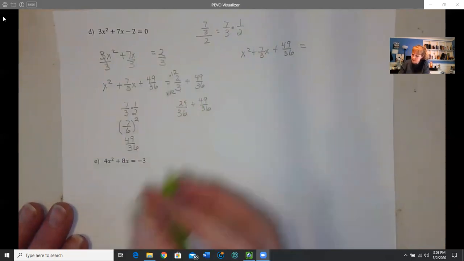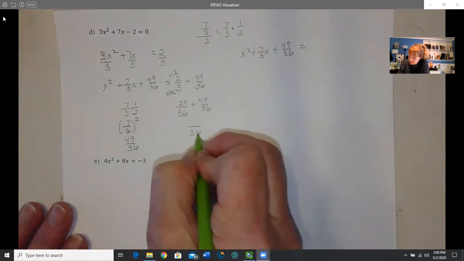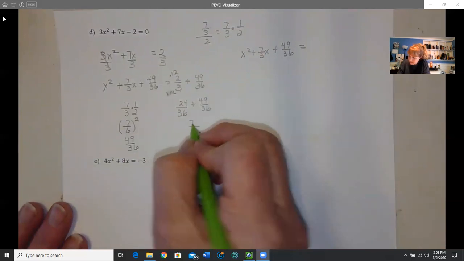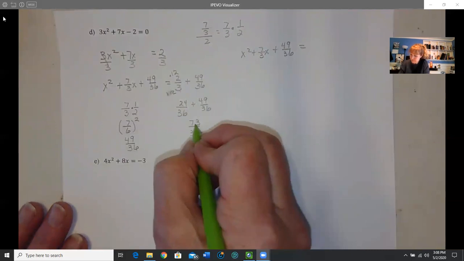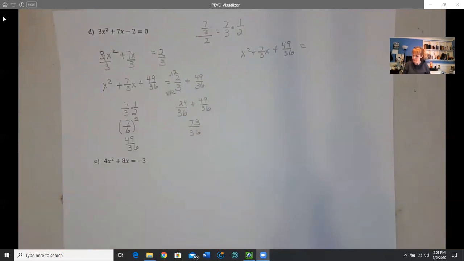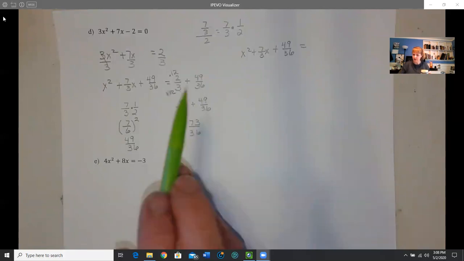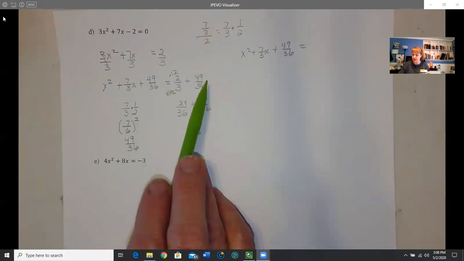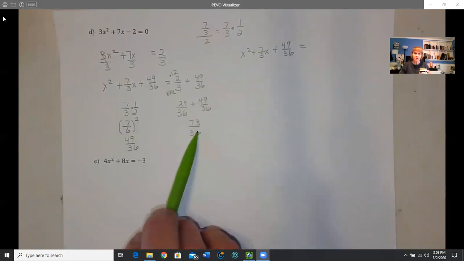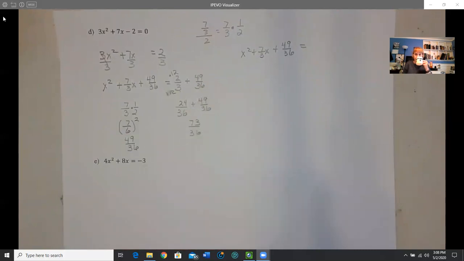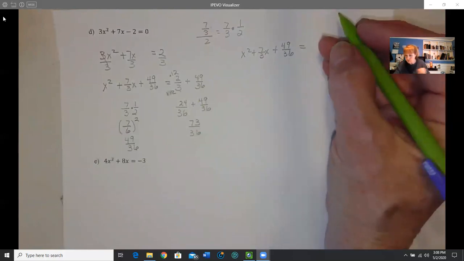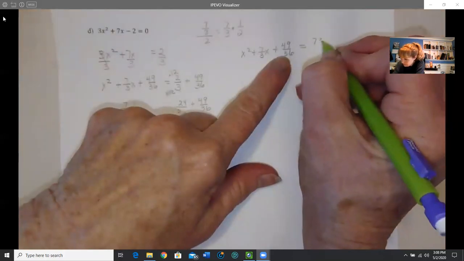And comes out to be 73. Make sure I double check on my math. Yeah, 73. So again, you have calculators, take 2/3 plus 49/36, and make sure you change it back into a fraction. So on the right-hand side, we have 73 over 36.